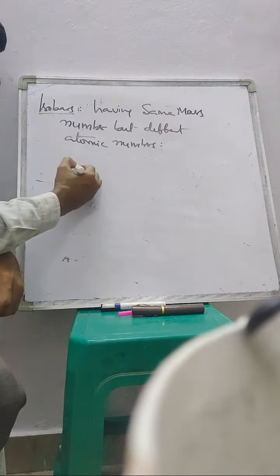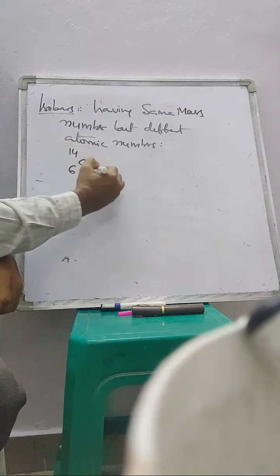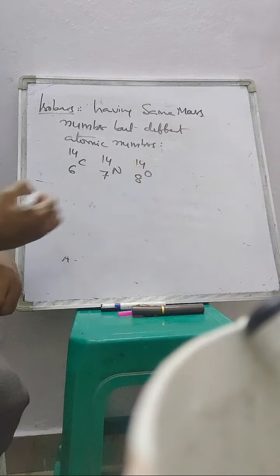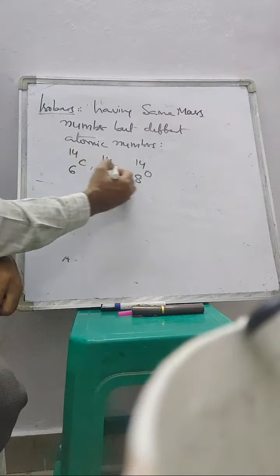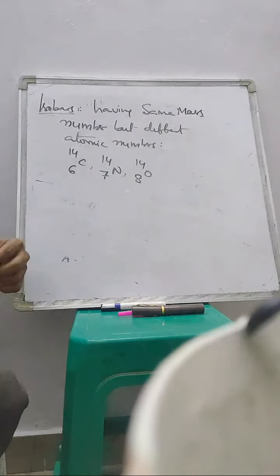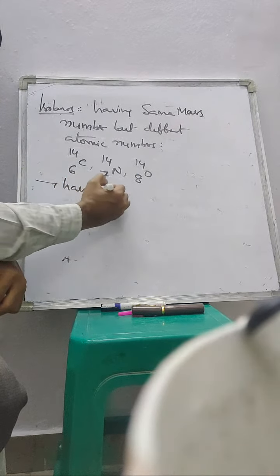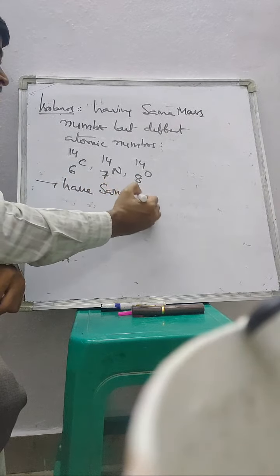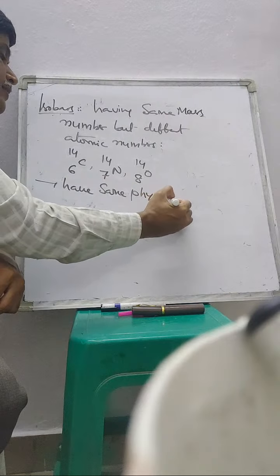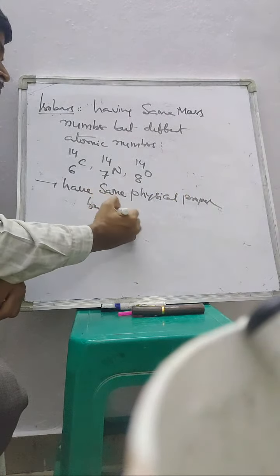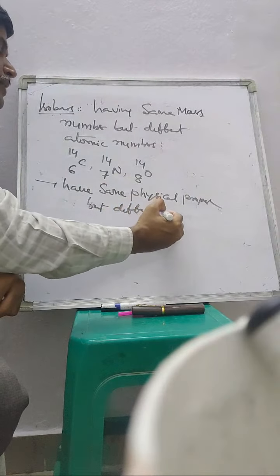For example, 6C14, 7N14 and 8O14. You see, these are the isobars. All the isobars have the same physical properties but different chemical properties.